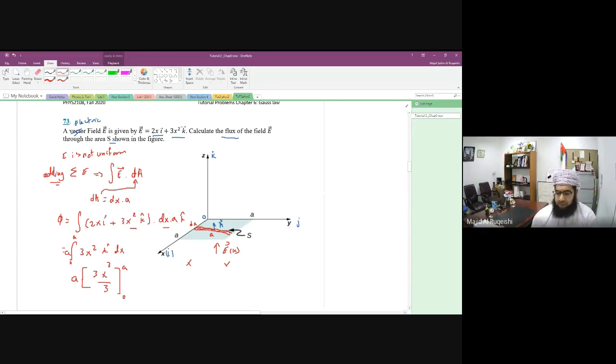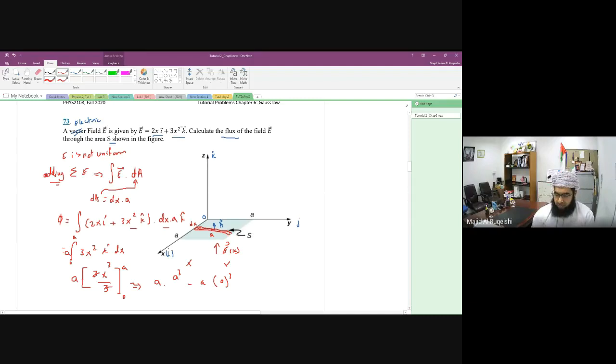Because the result of the integration gives us 3 in the denominator, we can take 3 with 3 out. So at the end of the day, this should be written as A into A to the power 3 minus A into 0 to the power 3.